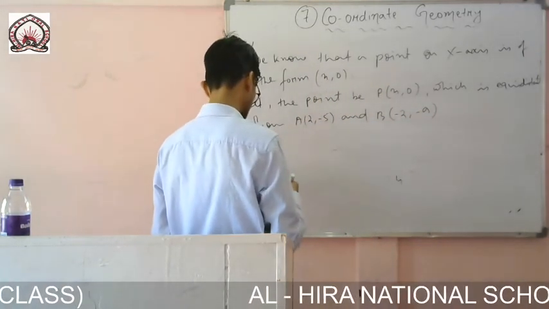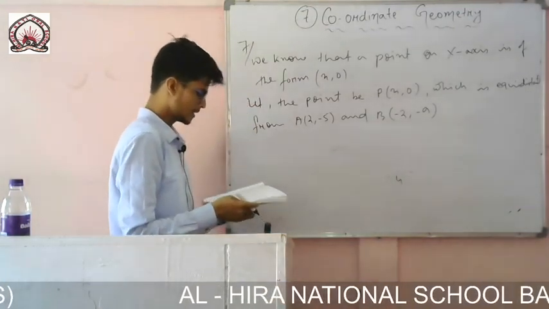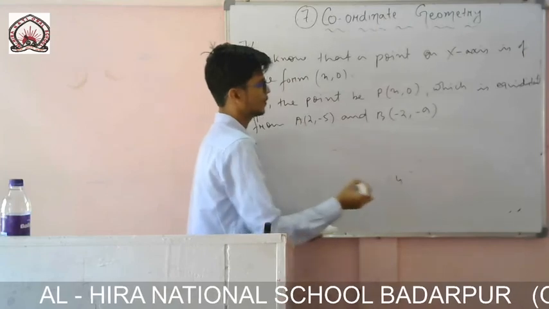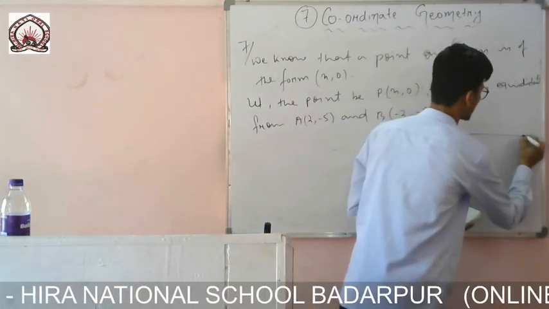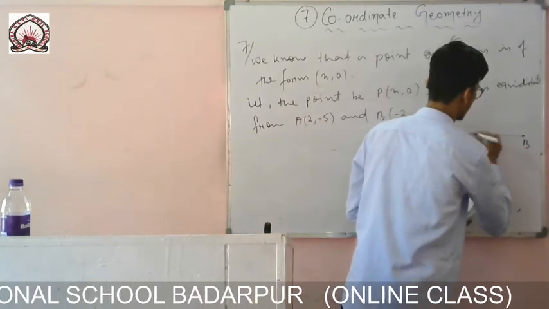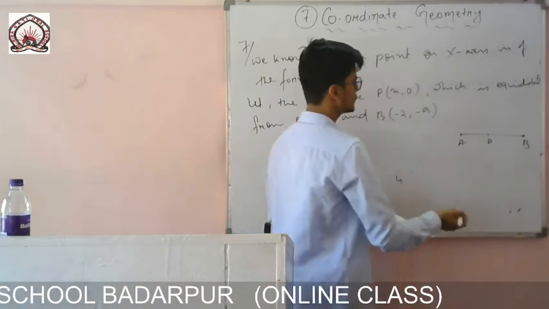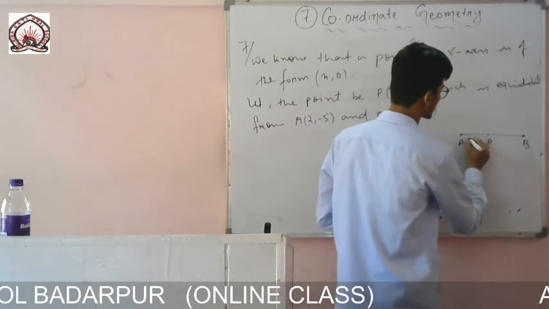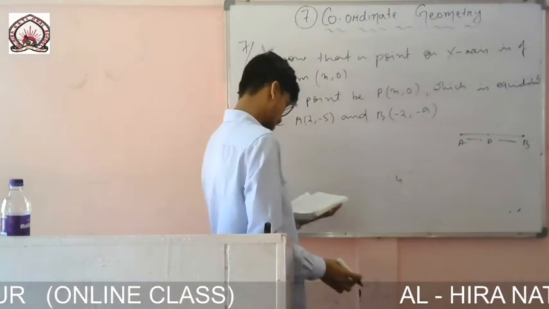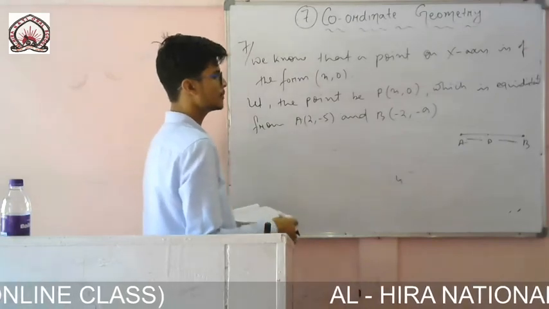So these are the two points. Since they are equidistant, if the point P lies between A and B, the distance between these two will be the same. AP will be equal to PB.